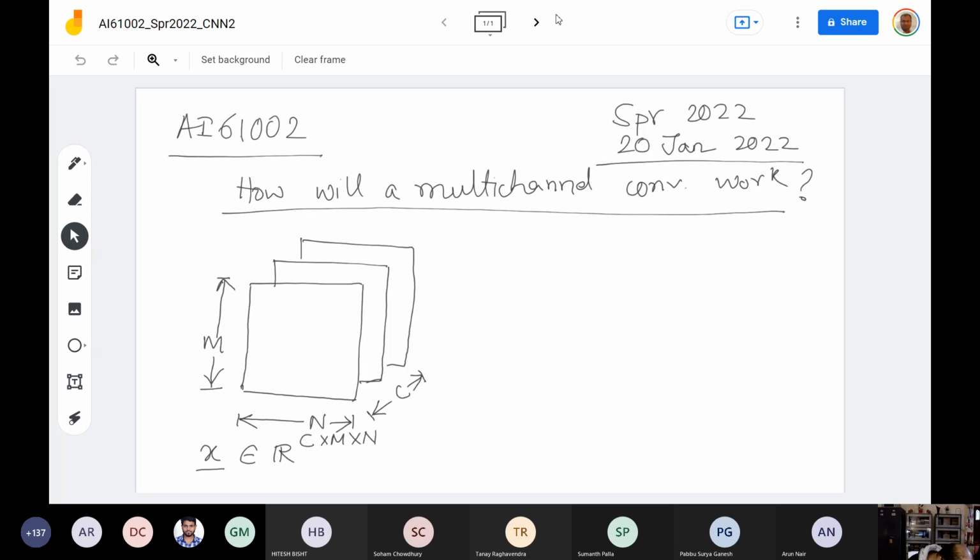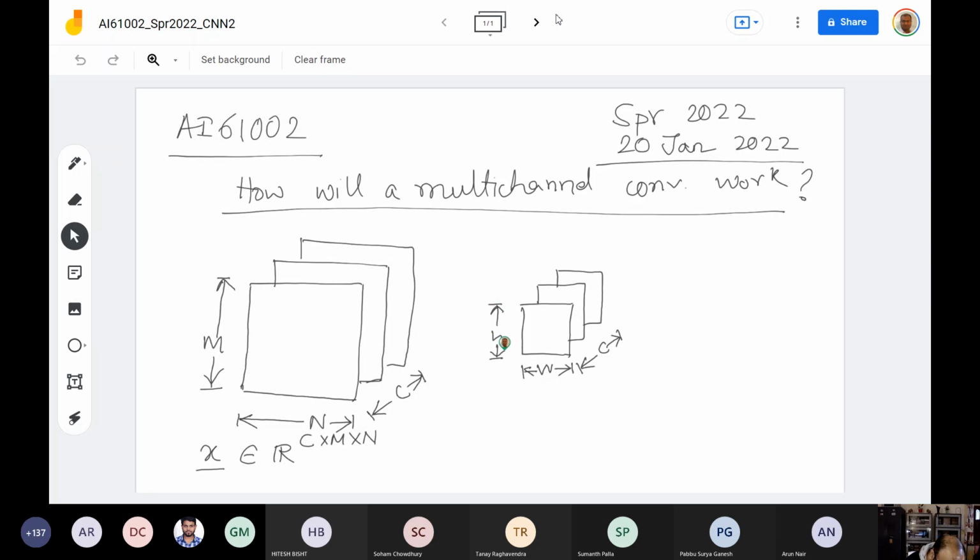Now, if I want to convolve this, I would again need a 3D tensor, where the number of channels is the same as in X, which is equal to C. The width of this tensor is W, and the height is H.